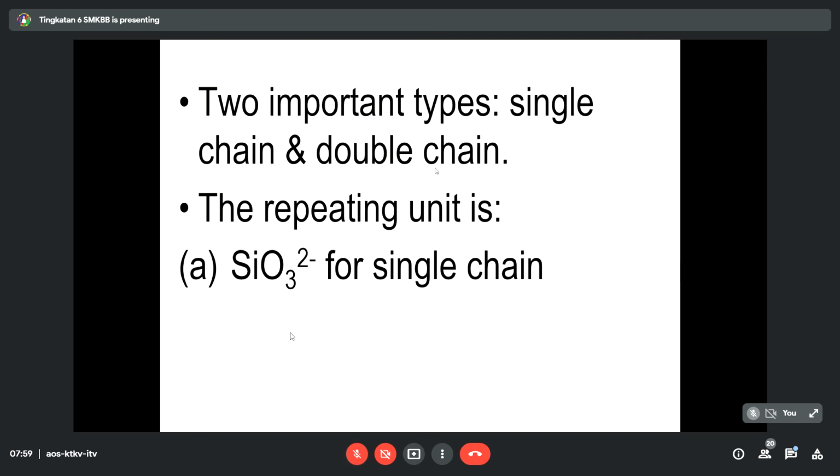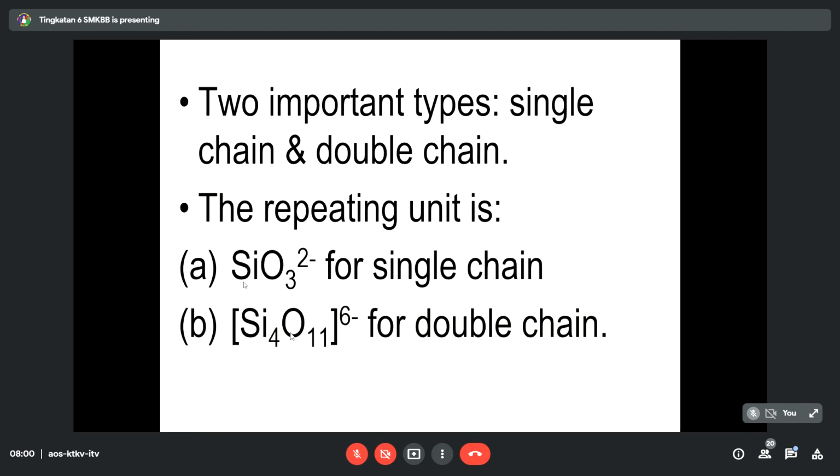Now this one, because chain means a long chain, the repeating unit for single chain is SiO3, and the repeating unit for double chain is Si4O11. So the repeating unit is fixed, which, as I mentioned, if you remember, you straight away score the marks.